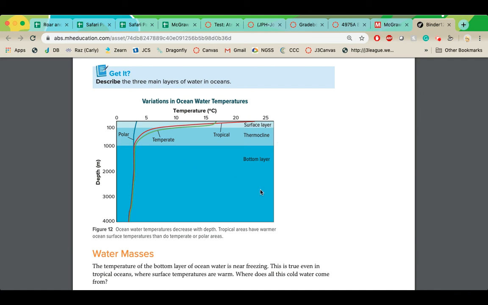And then underneath that, a bottom layer, 1,000 to 4,000 feet. I have never been that deep. That would likely crush a human, I'm guessing. In the polar regions, they do not have this. It tends to be one solid temperature in the polar regions.